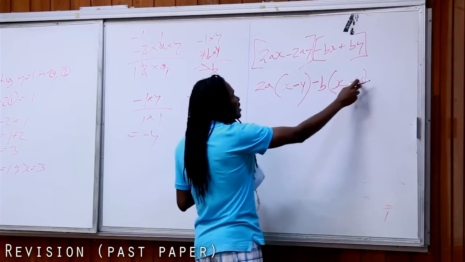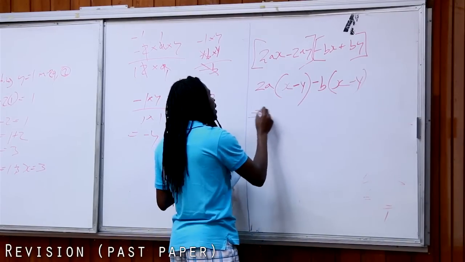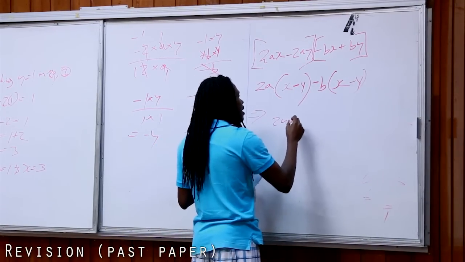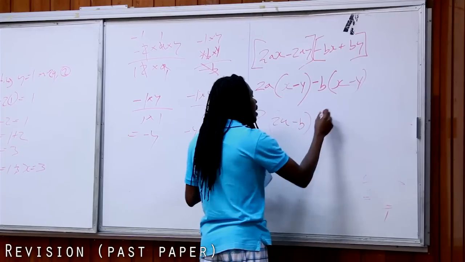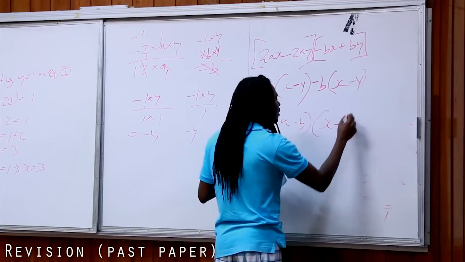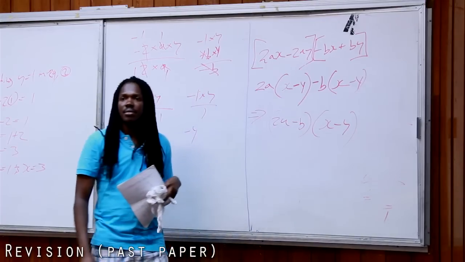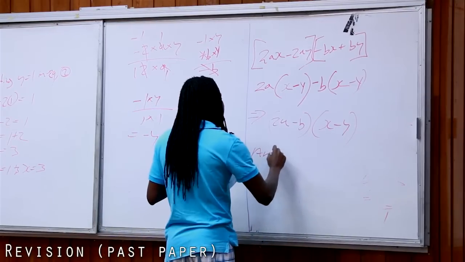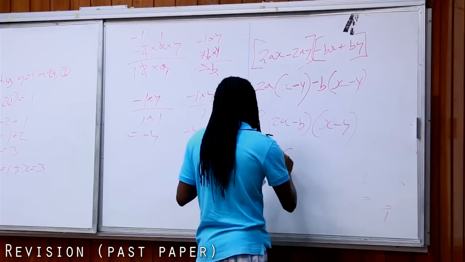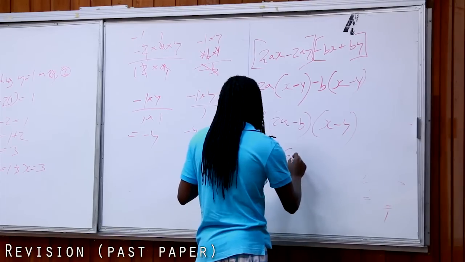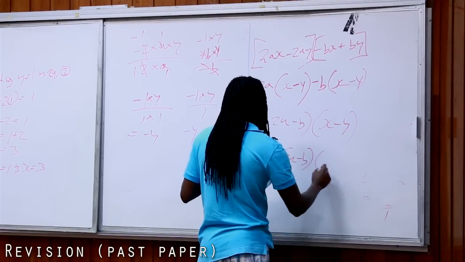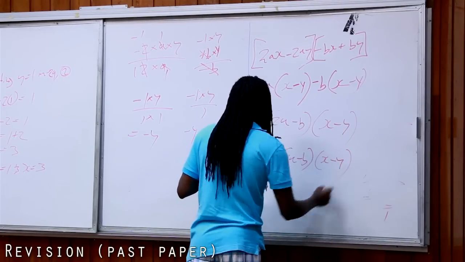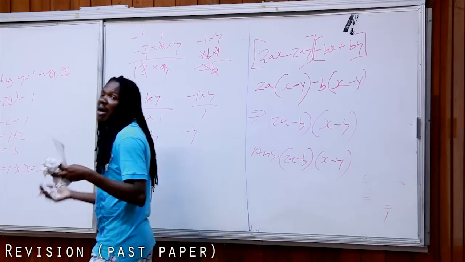So this and this is the same, and so therefore it implies that it is (2a minus b) bracket (x minus y). Equal (2a minus b)(x minus y). Or (x minus y)(2a minus b), they're the same.